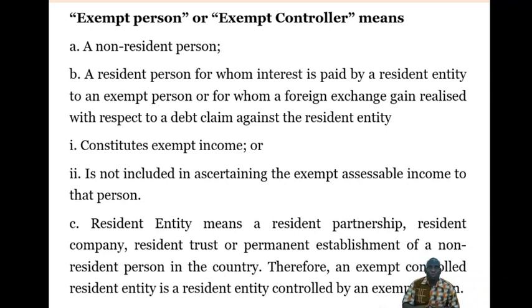An exempt controlled resident entity is a resident entity, an entity that is in Ghana or established under the laws of Ghana, or whose management and control is being exercised at any time in Ghana. Look at the word: it is being controlled, so it's an exempt controlled resident entity, a resident entity controlled by an exempt person. That's all.